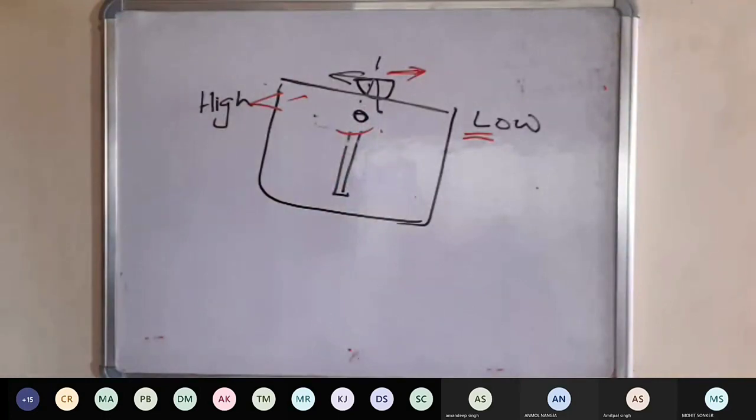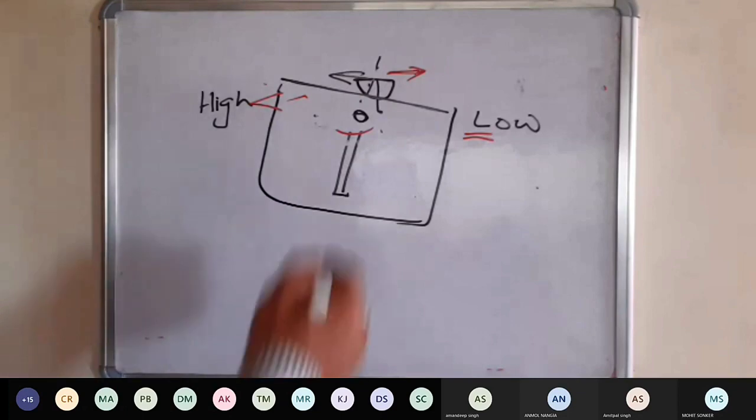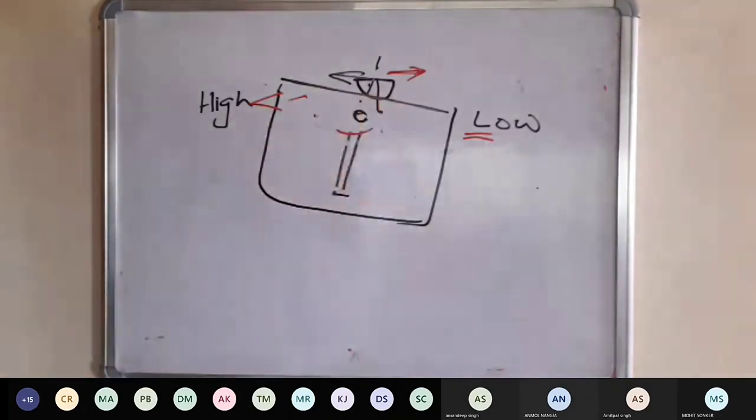So if we make the diagram for this, what are the reasons that we can have this situation?